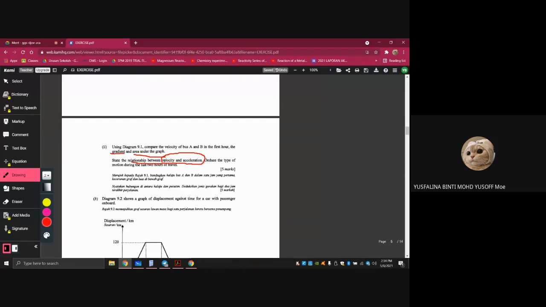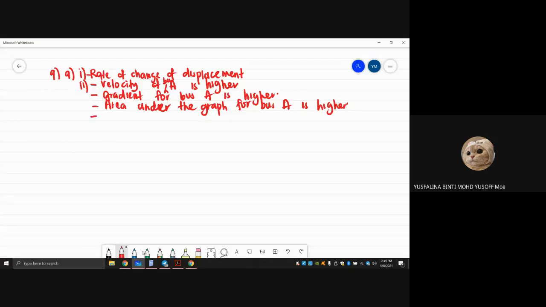That is an example of how you want to answer. So what is the answer for this one? What is the relationship between the acceleration and the velocity?